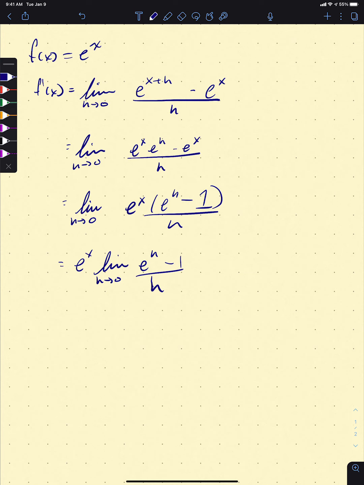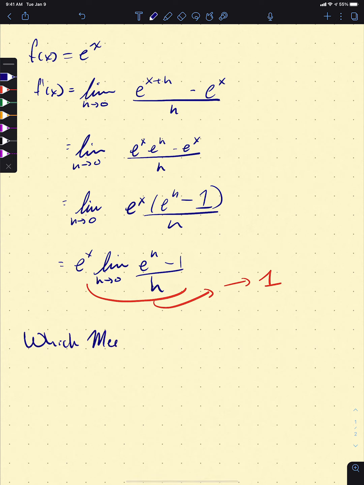And working this out explicitly is beyond the scope of our course. If you were to go in and plug in some values, maybe 0.1, negative 0.01, you'll see that this expression goes to 1, okay, as h goes to 0, which means that f prime of x is just e to the x.